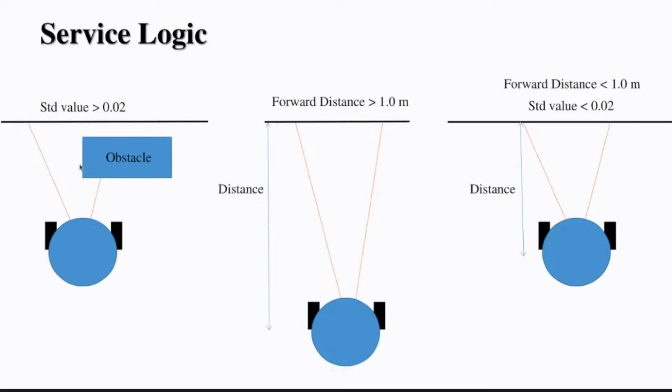After testing a lot, I realized that if the standard deviation value is bigger than this threshold value, approximately 0.02, it's an obstacle or you are not facing a wall. And I'm putting a condition for the forward distance too. I don't want to take walls too far away from the robot.